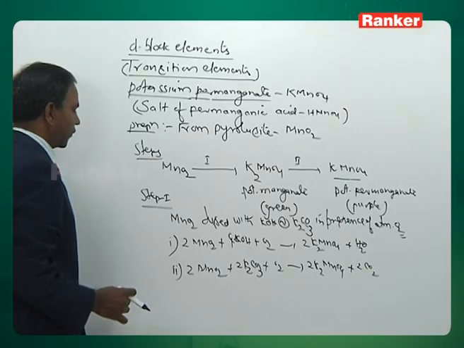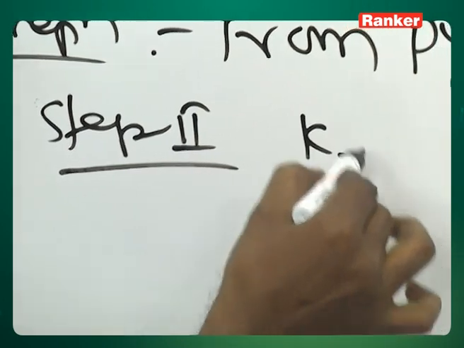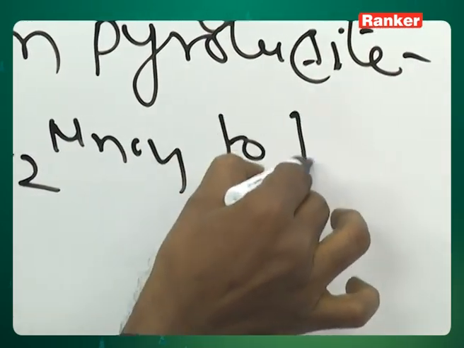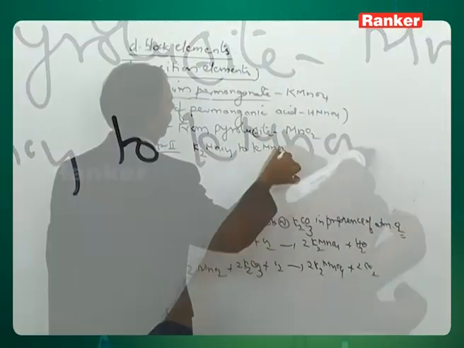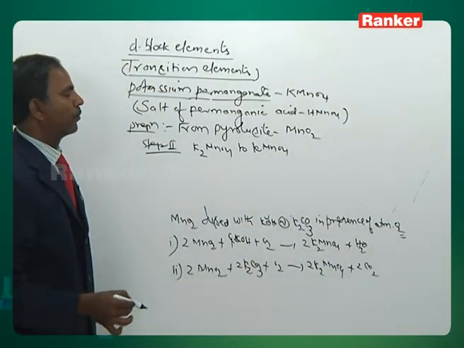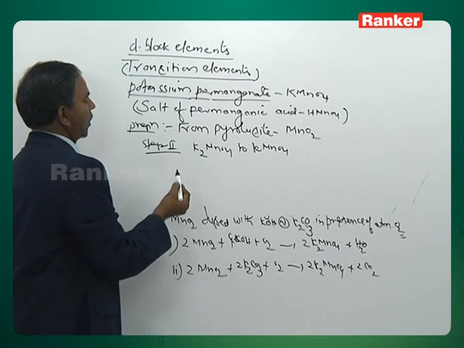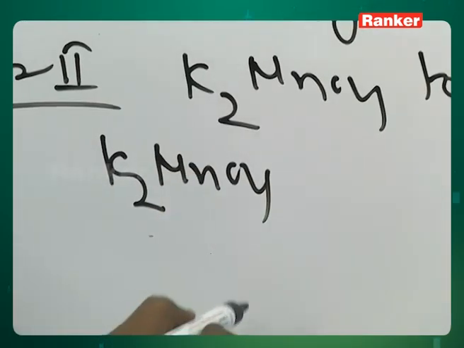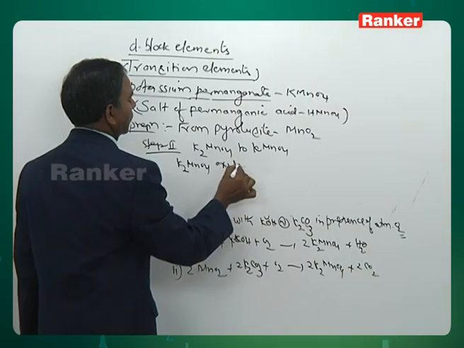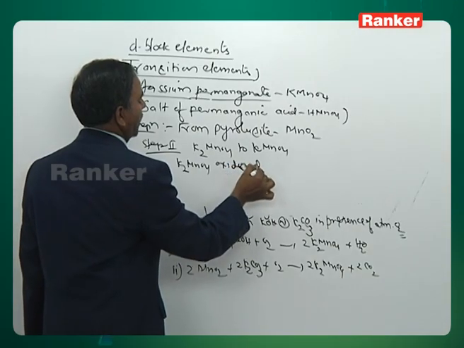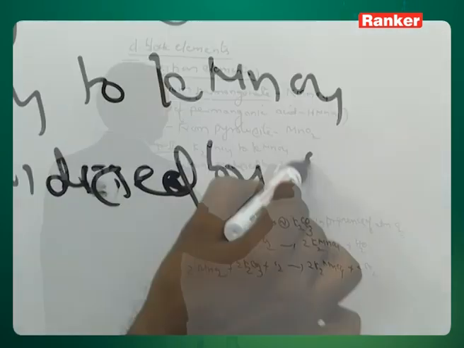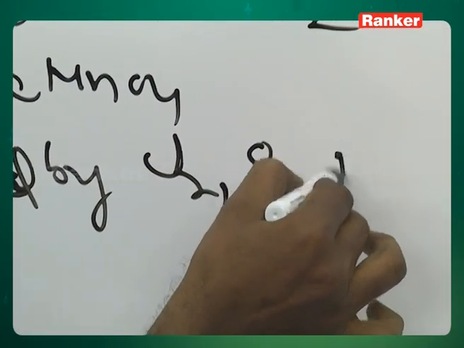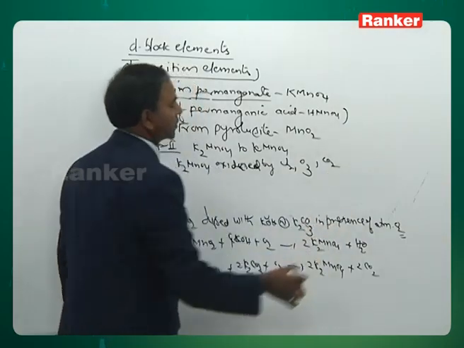Let us see the second step, potassium manganate to potassium permanganate. Potassium manganate is oxidized by either chlorine, ozone, or carbon dioxide.